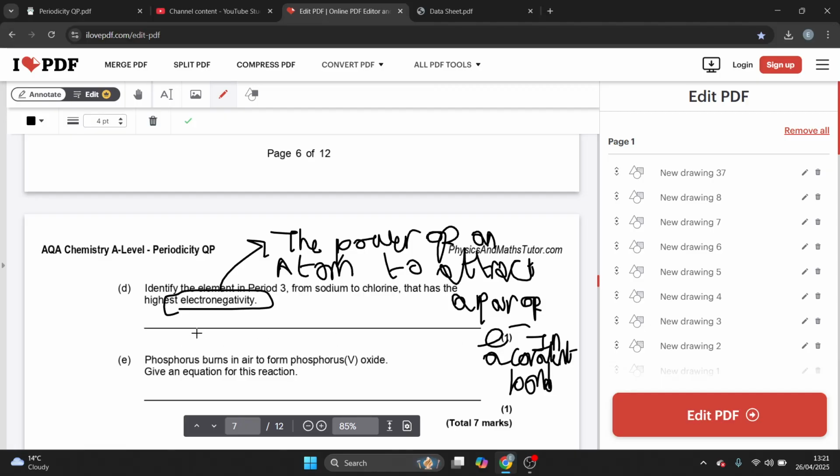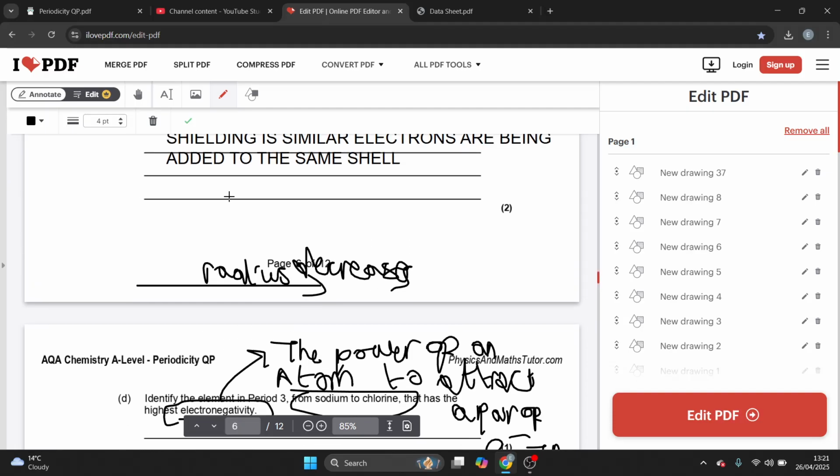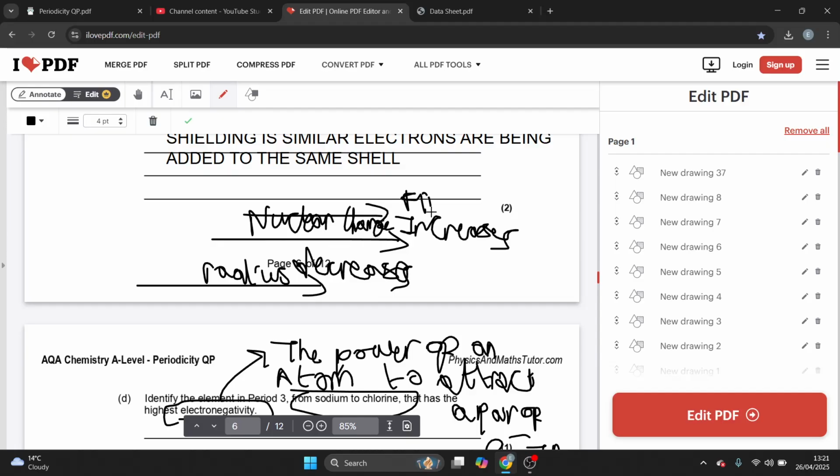So what do I know about the general trend from sodium to chlorine? I know atomic radius decreases, nuclear charge, or the number of protons, increases, and first ionization energy increases.